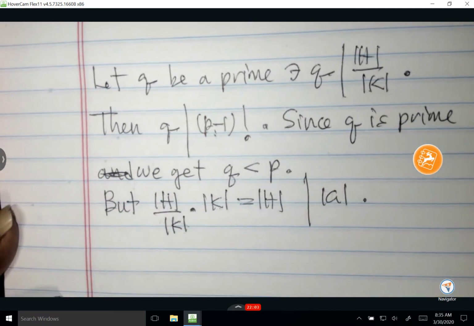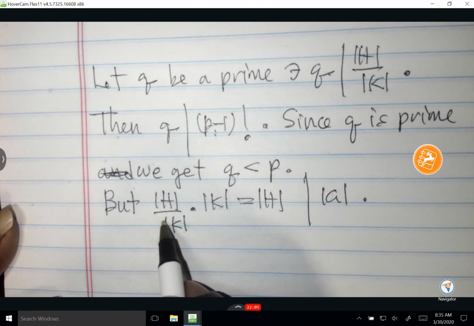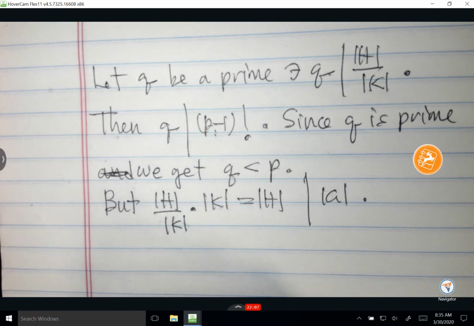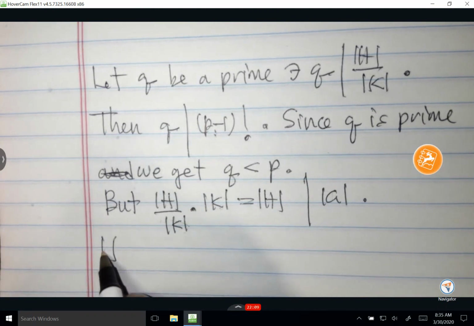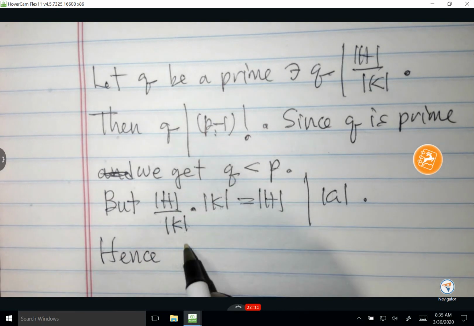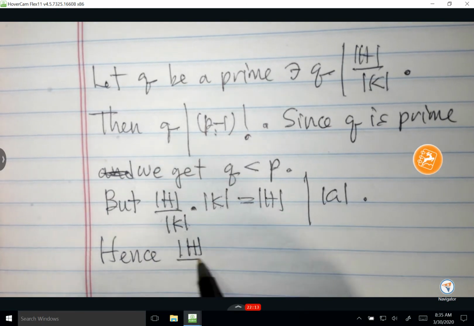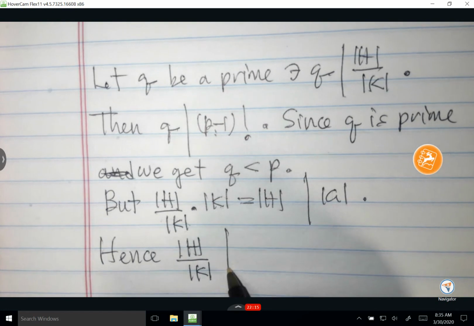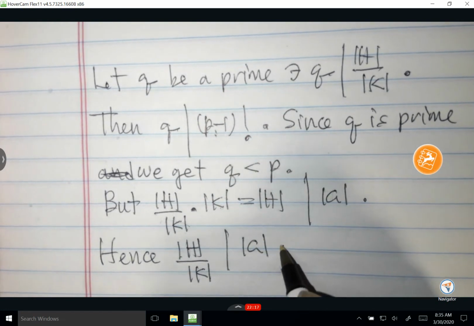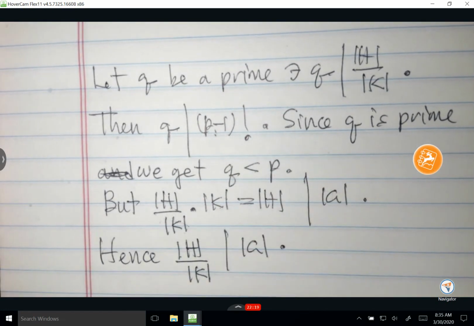So hence, the order of H over the order of K divides the order of G. Yeah?